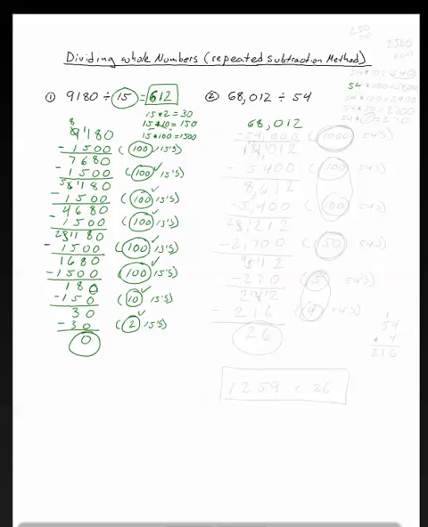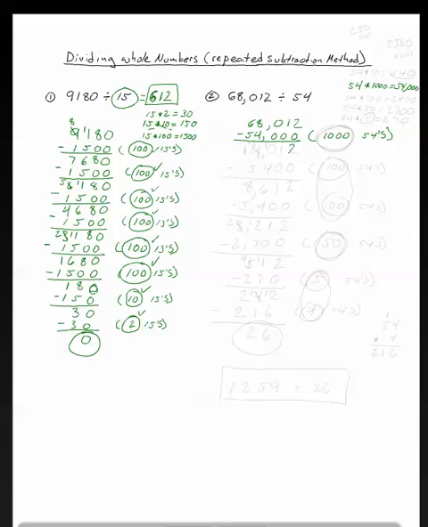Now we can go 54 times 1,000 is 54,000. So I'm going to subtract 54,000 and make a note that that is 1,000 of my 54s.